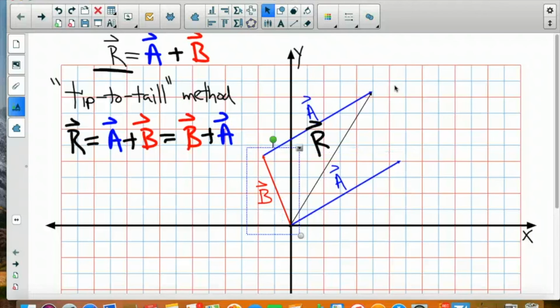And I do the same for B. And I grab it and I put it here.